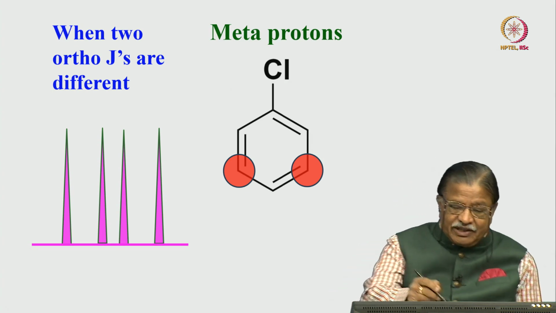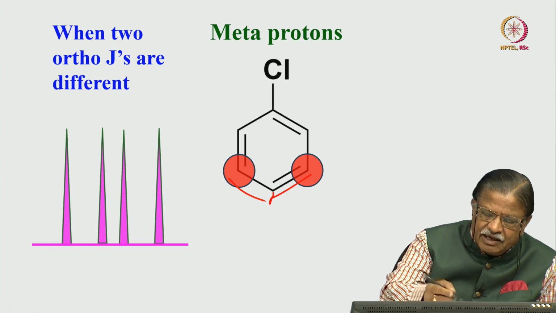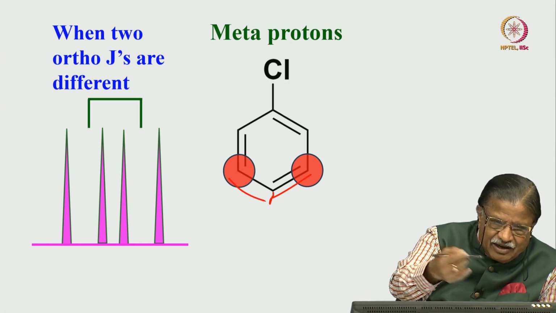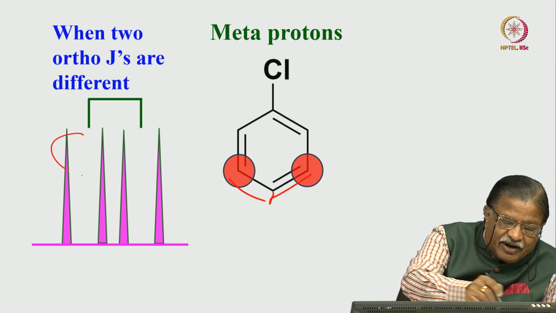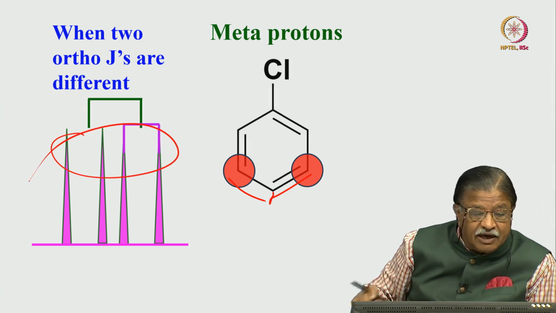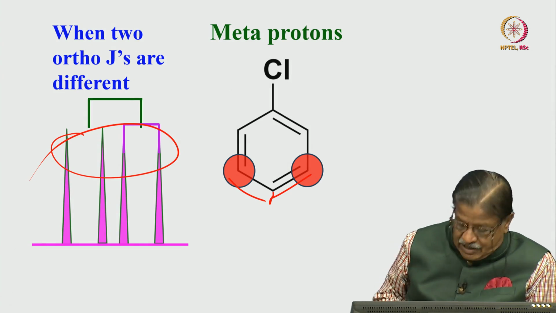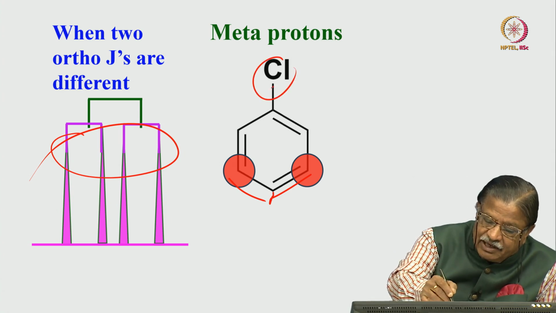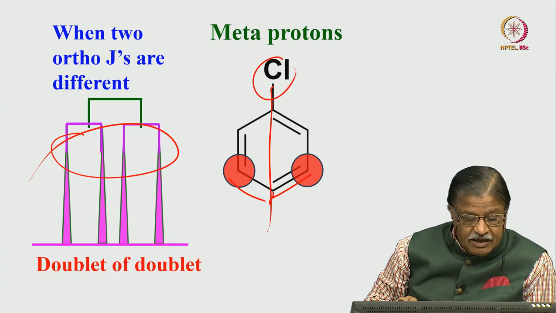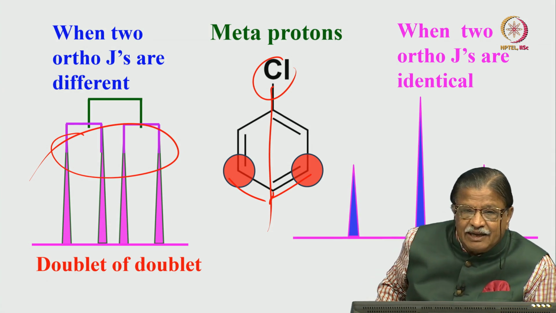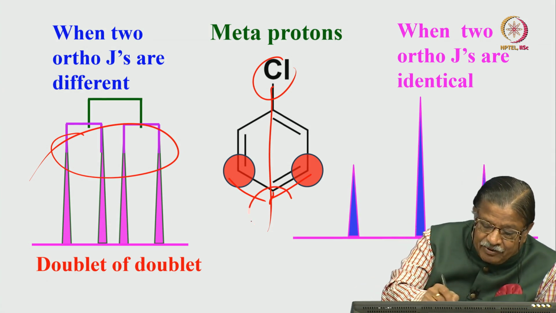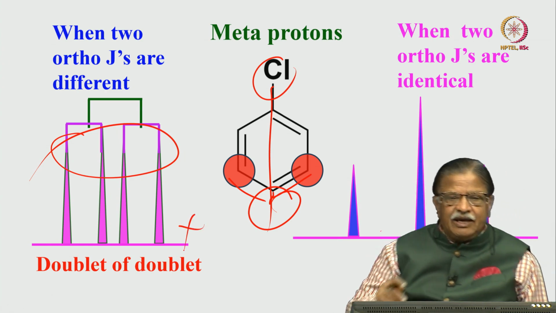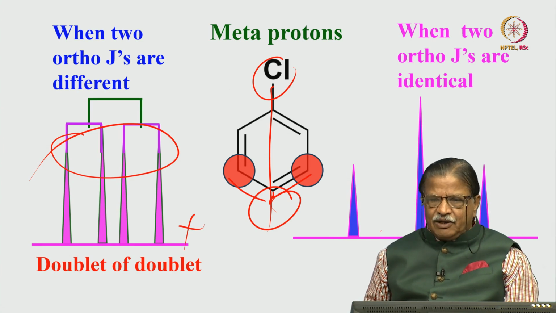If they are different, this will be a doublet of a doublet, because the large coupling is one ortho coupling and the other one is the other ortho coupling. Usually, because there is a symmetry, they are the same, in which case, if both are identical, this proton is going to be a doublet. This possibility is very low, you will not see it unless there is a distortion in the molecule.